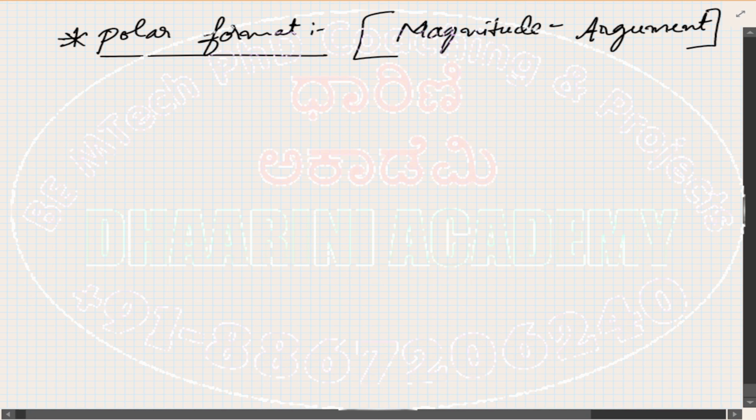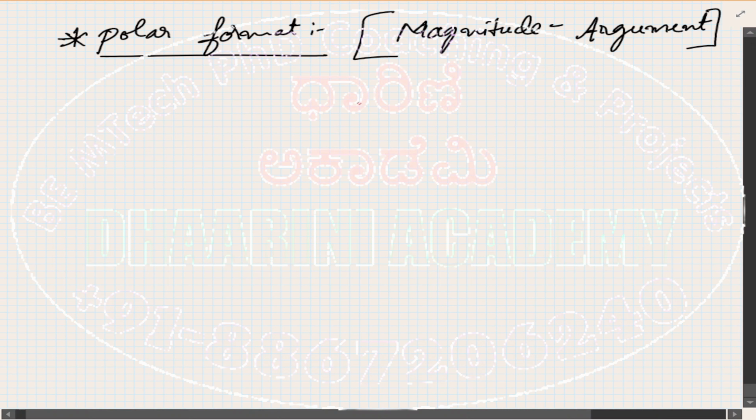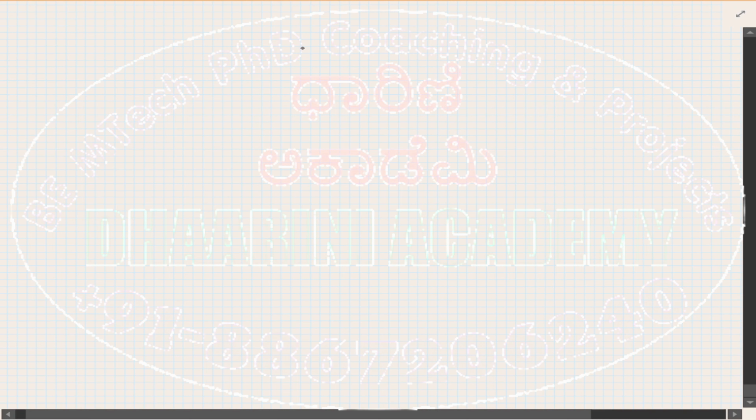Different books call it by different names, so the common name which we are going to use now is this. Magnitude argument format, polar format, or it's also called the modulus argument format.